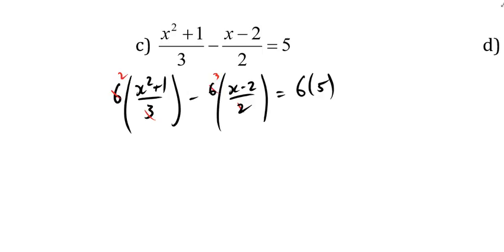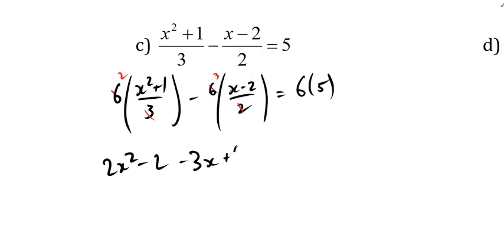So in grade 9 or even earlier in this year, I might have suggested to write it out. But now we probably know that I can just distribute these numbers through, right? That's what it would look like. So it's going to be 2x squared plus 2 minus 3x. And this is a little bit tricky. This is like -3 times -2.